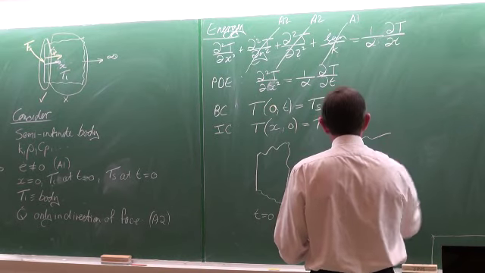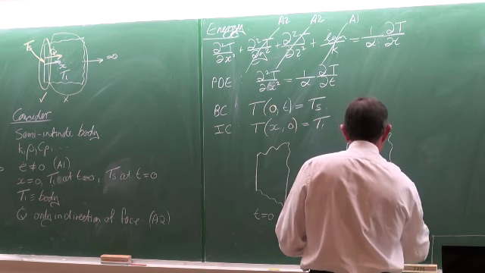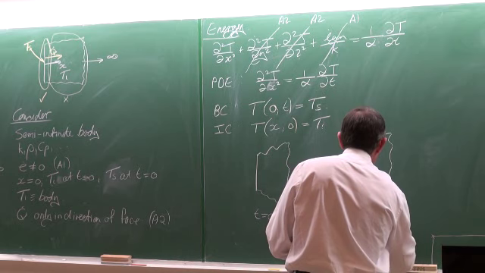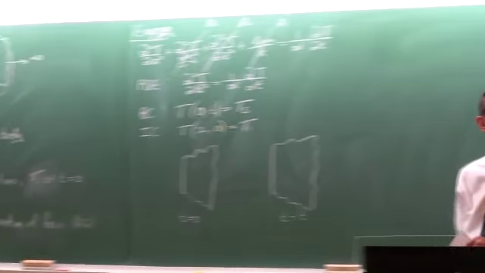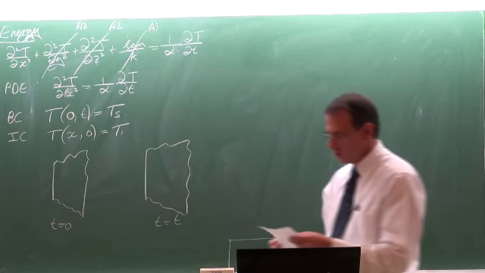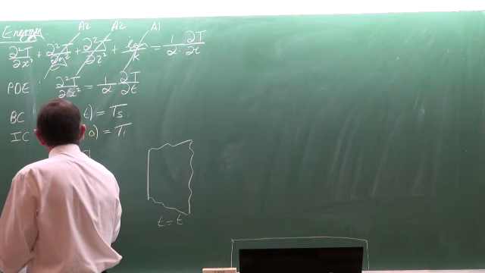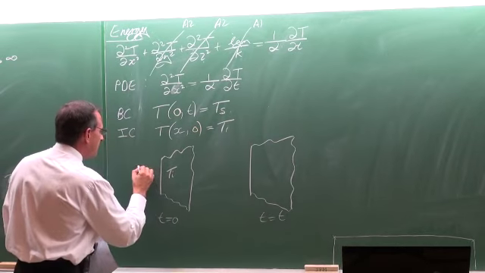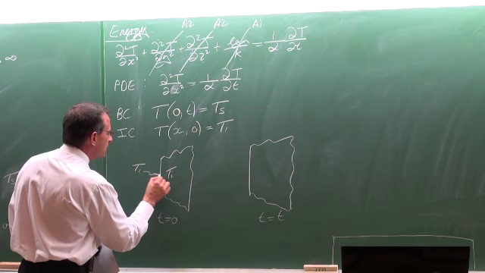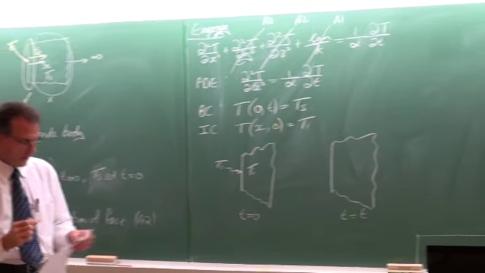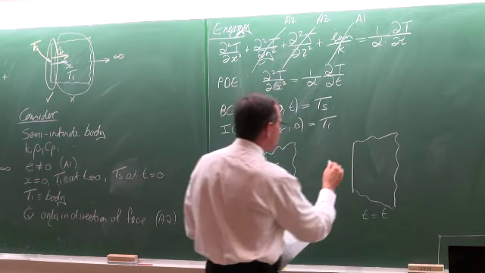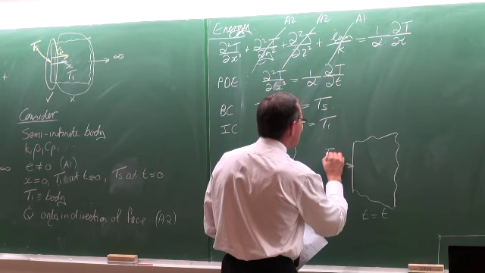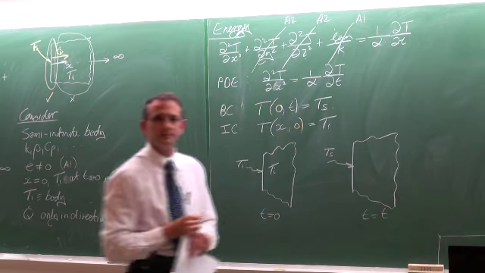And the same body at t equals t at any time after 0. This body at t equals 0 was equal to a temperature Ti, and this surface temperature was also equal to Ti. This changes now so that this temperature is equal to the surface temperature.